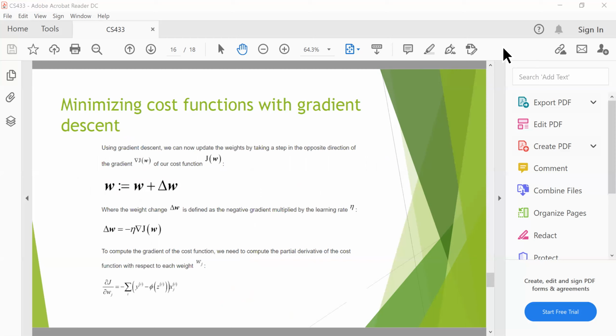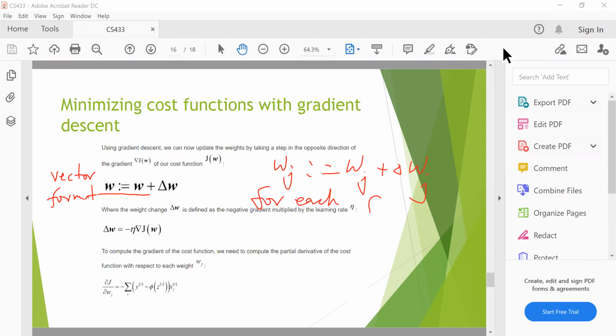And then let's see the Adaline. So the weight update, this is vector format. For each one, it should be written like this. This is for each feature. And this is a vector format. And what is that delta W?